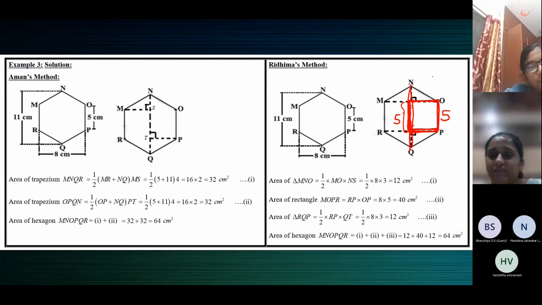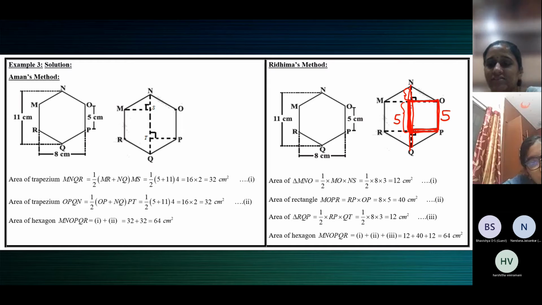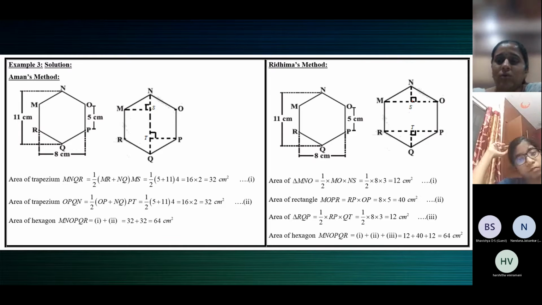Now 6 has to be divided equally between this and this. The figure is proportional. The remaining is 6, it's not that this can be 5 centimeters and this can be 1 centimeter. It's not like that. It's proportional. Because this is 5, this is also 5.